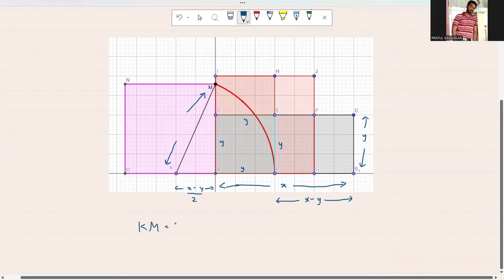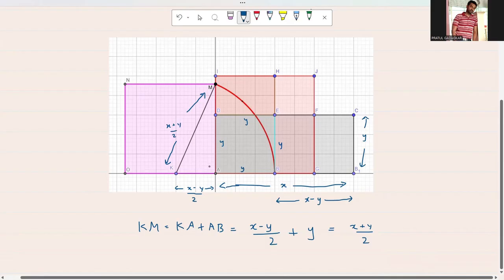KM is KA plus AB. So KA is x minus y by 2 and AB is y. So if you simplify this, this will come to be x plus y upon 2. So this means that this KM is x plus y upon 2.